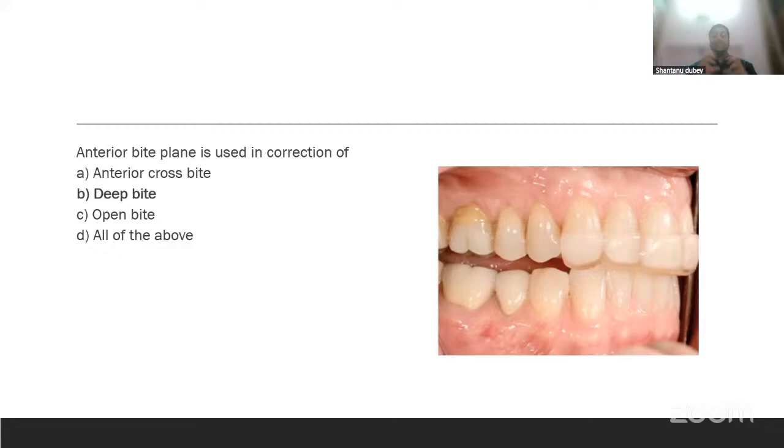Whenever a bite plane is introduced, always remember there are some forces which are applied. The forces are because when we masticate, the lower will hit the bite plane, so intrusive forces are applied. The lower will hit the bite plane, which will in turn hit the upper, and upper intrusion will be caused.